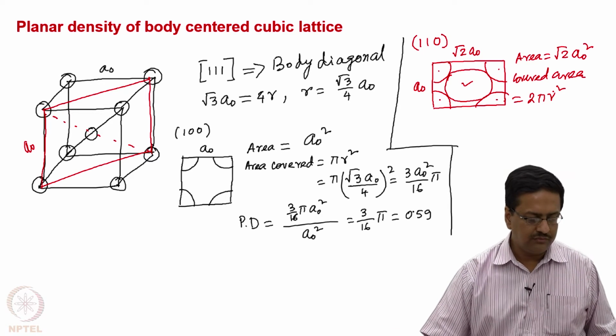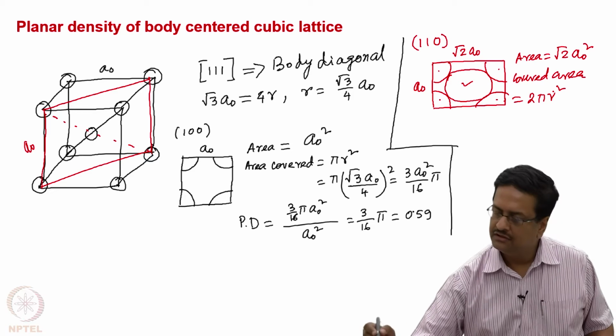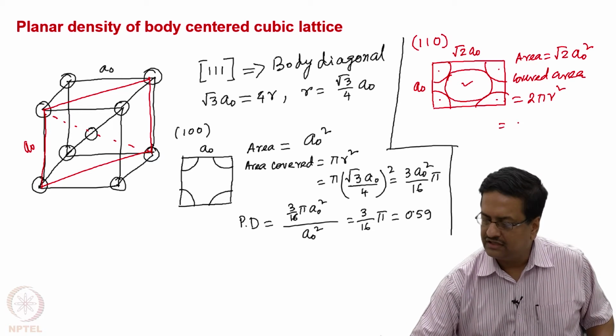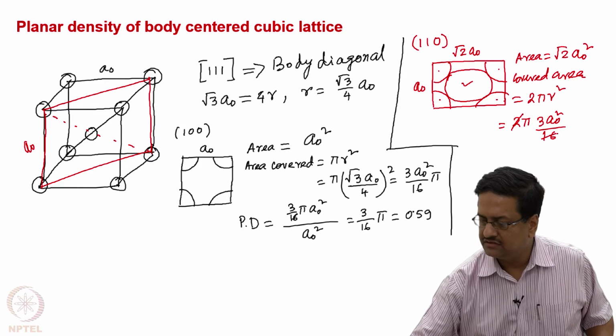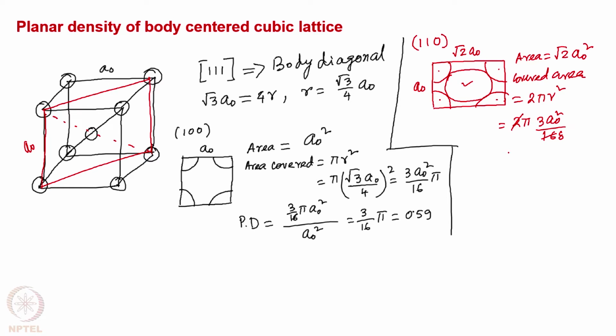This 2 pi r square can be written as 2 pi times 3 A0 square by 16, which means it is equal to 3 pi A0 square by 8.